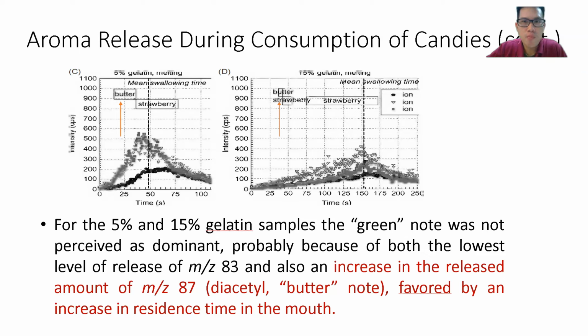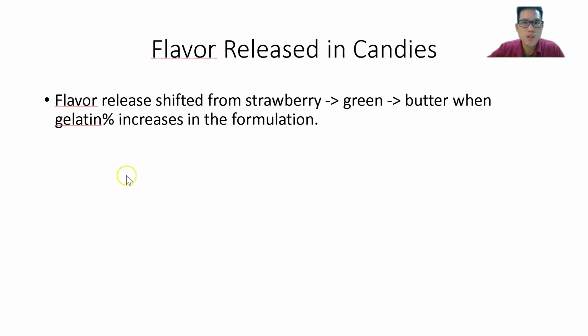So next time, don't assume that if I put all three flavors in there, I can perceive all of them. It really depends on the composition, how long it's in your mouth, and also the properties of the flavor molecule. So the flavor released in candies shifted from strawberry to green to butter when the gelatin percentage increased in the formulation.